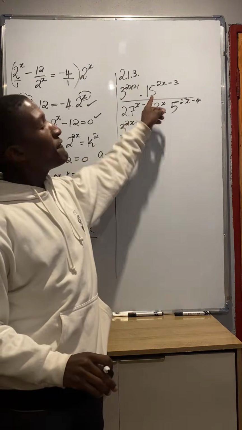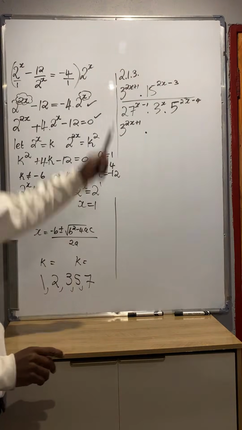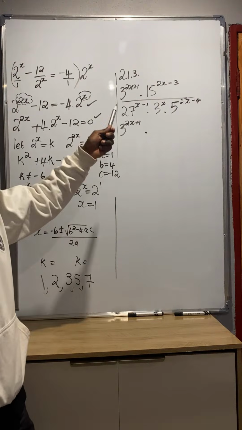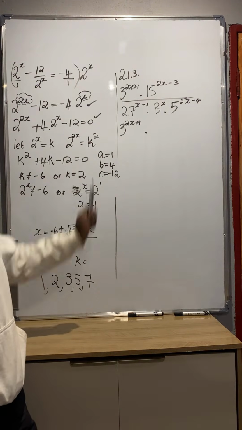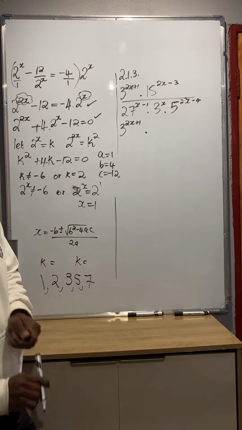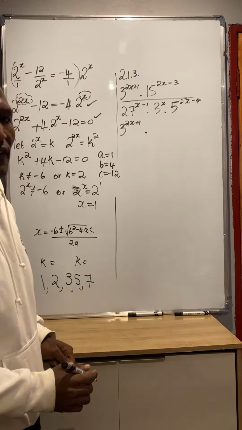And then we have 15. 15 is not part of these numbers, therefore we have to fix 15. How do we fix 15? We find the factors.